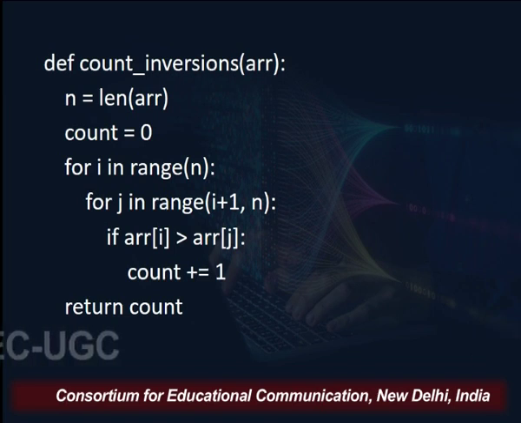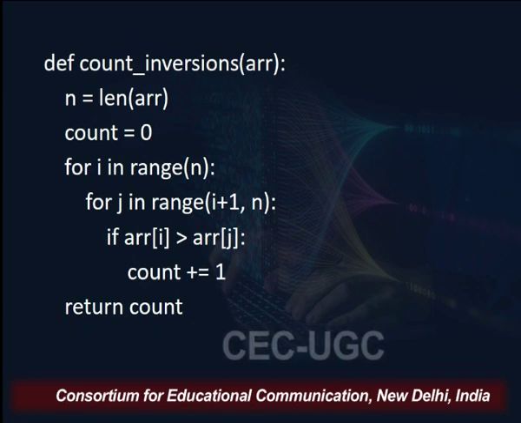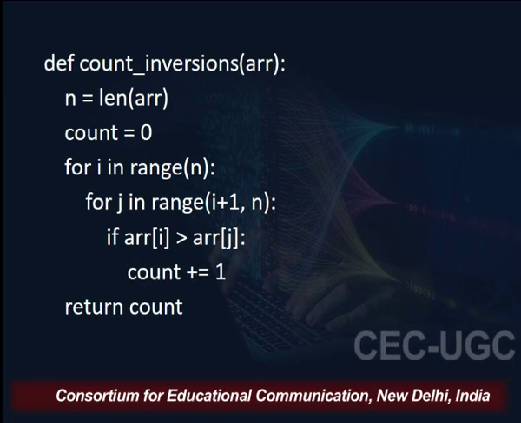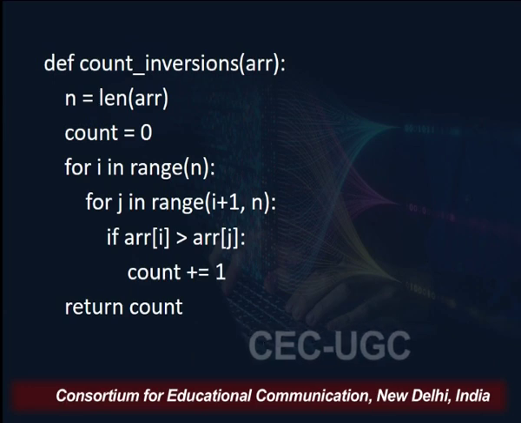So, the first element will be compared from second to n, the second element will be compared starting from third to n, and so on. Here you can see the two loops, one for picking the element i, and another for comparing it with the next elements.